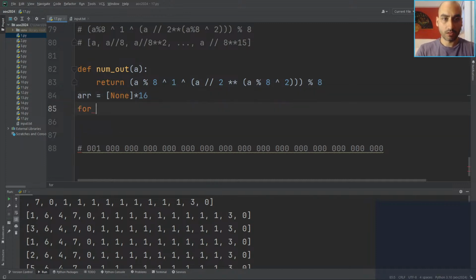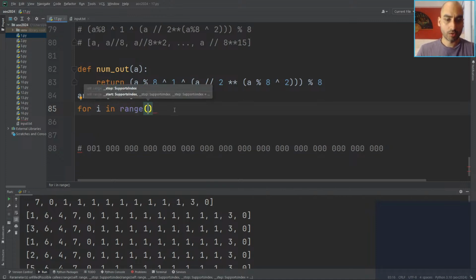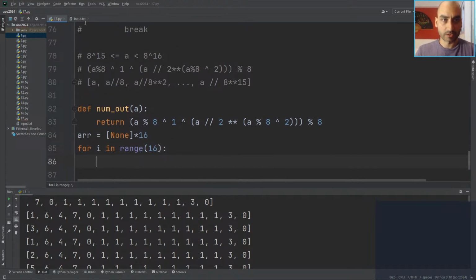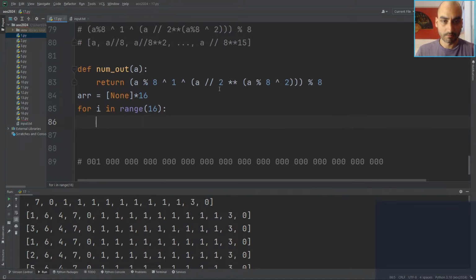So for i in range 16, we're working backwards from the program. So we're saying we've got A divided by that amount. So it's going to be the first n digits, but we may have already filled in some of these.